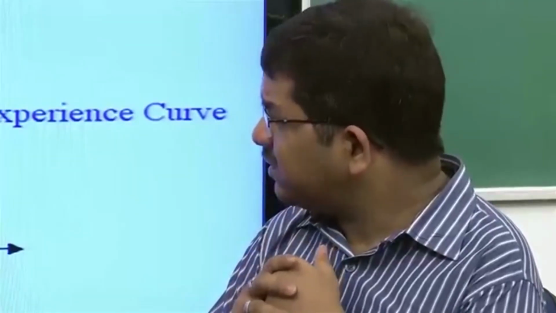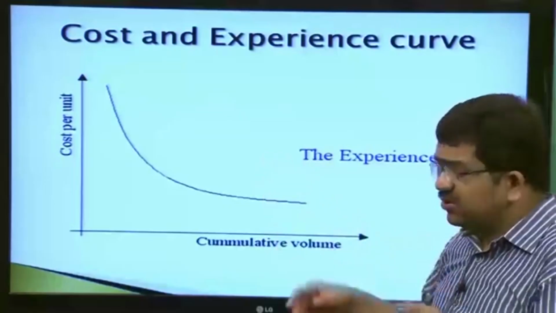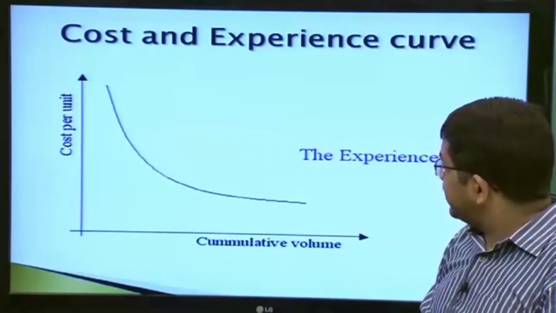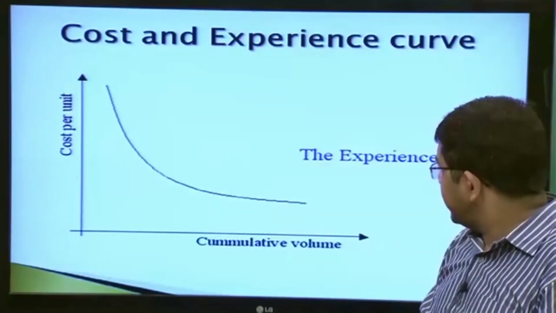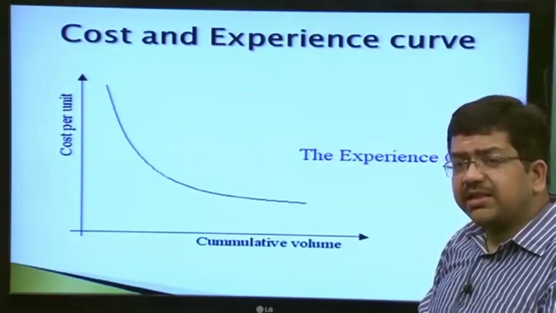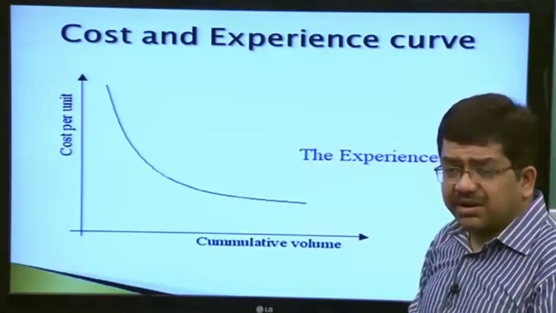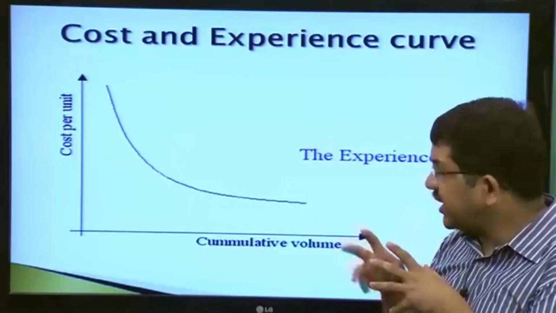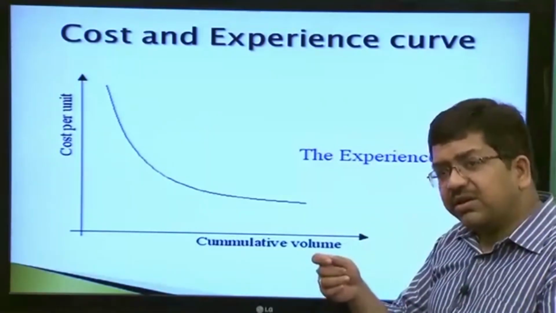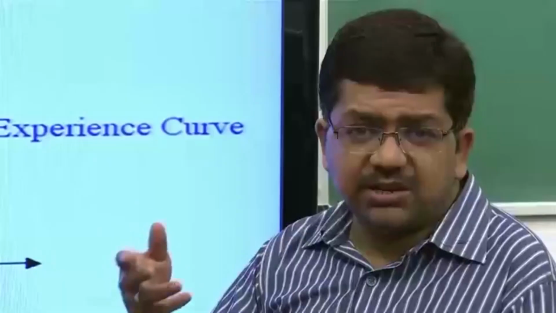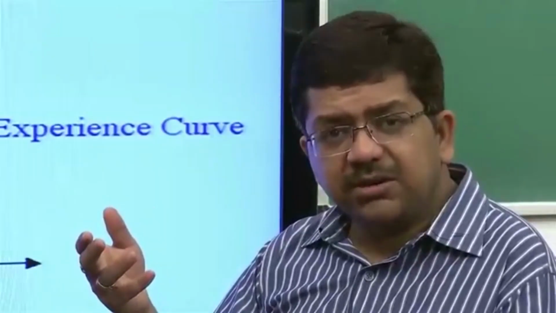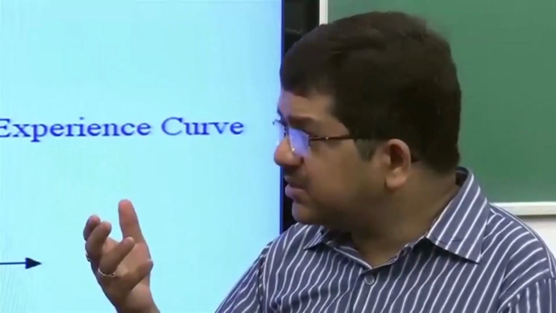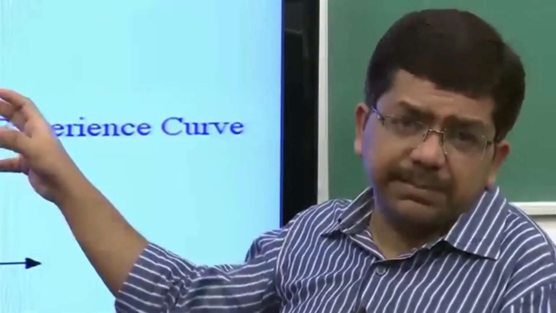In that case your unit cost of production will go down because of this experience, and that is why it is said in marketing that a new player should try to avoid getting into a price war with existing players, because an existing player will have more experience in producing a particular product.